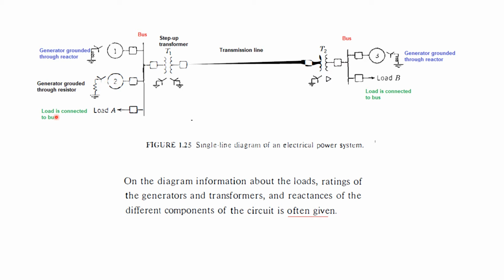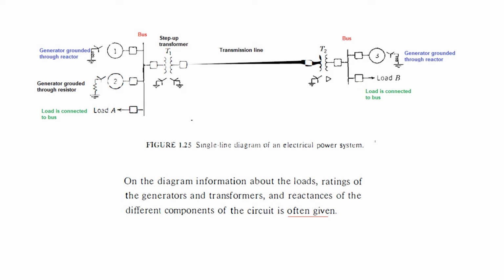And we have a load connected. This is the primary bus or input bus. Then this is connected to a step-up transformer, transmission line, step-down transformer, bus, and here we have another generator connected at this end, and then there is a load.